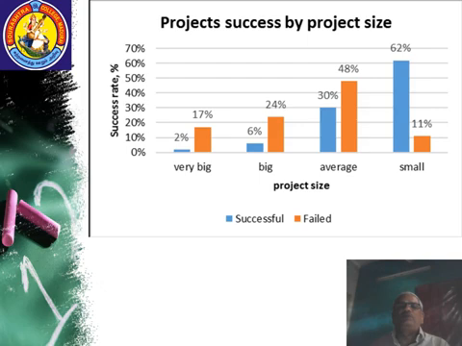And in a very big project, the success rate is only 2% and the failure rate is around 17%. Comparing these, we can easily understand that project size plays a vital role in the success of your project. So we need to follow various methods, procedures, and techniques when a project is becoming large.